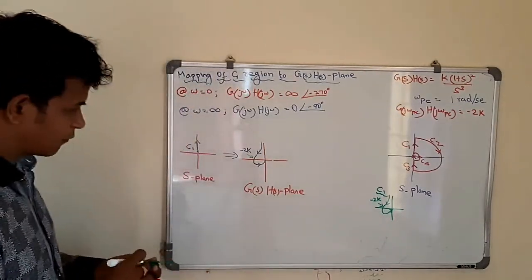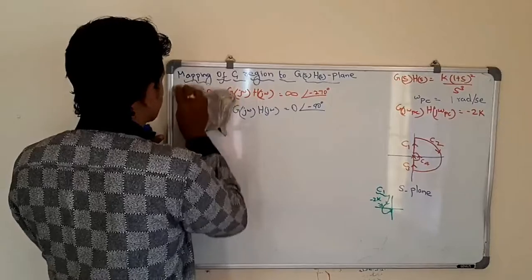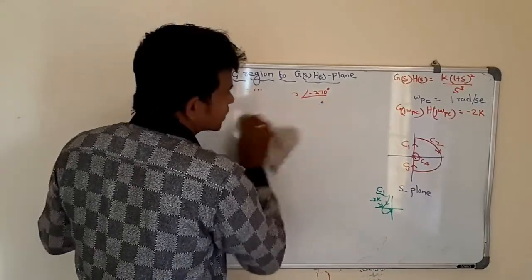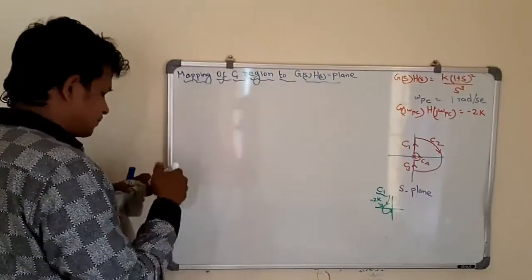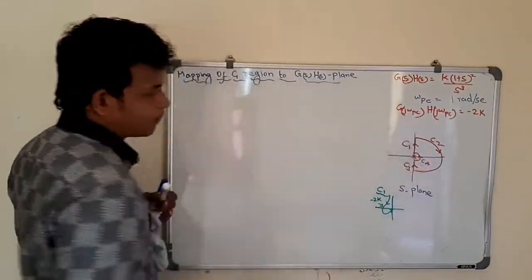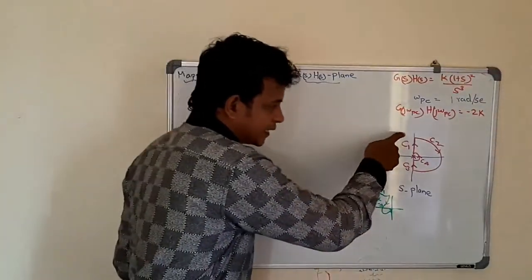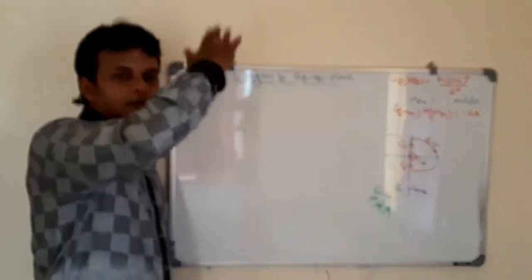Now I am going to do mapping of C2 to GSHS plane. So here C2 in S plane, it is an arc with radius infinity, and it varies from plus pi by 2 to minus pi by 2. So plus pi by 2 means plus 90 degree, and minus pi by 2 means minus 90 degree. So the angle is varying from plus 90 degree to minus 90 degree.